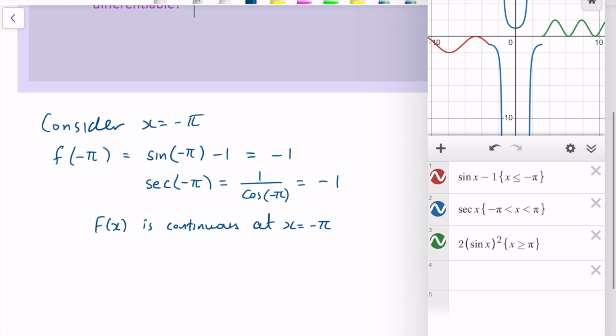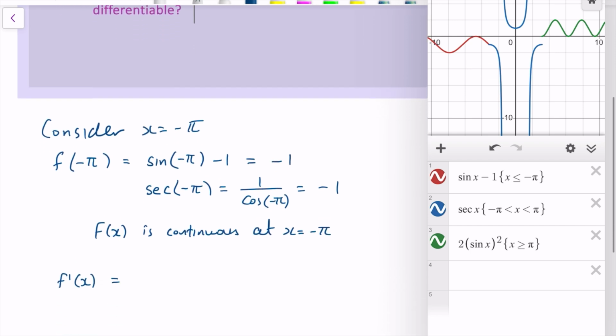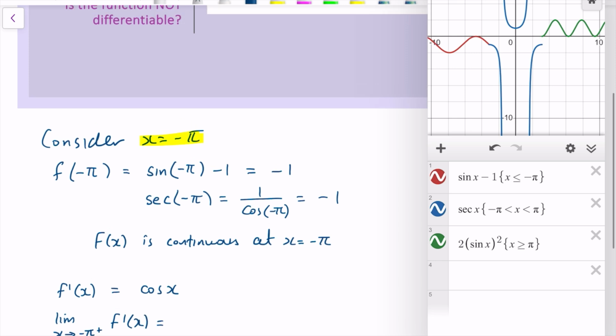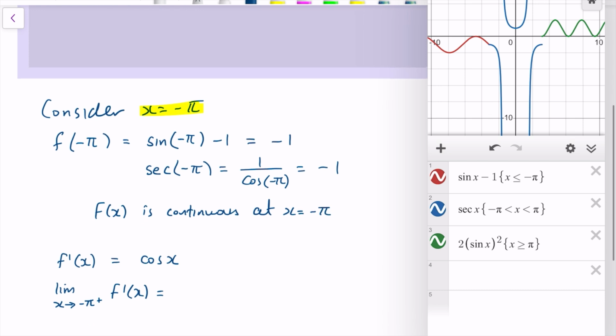However, when we differentiate these functions, f dash of x is equal to the derivative of sine x minus 1, so cosine x, when x is to the left of minus pi. Then the limit as x approaches minus pi from the positive side of f dash of x will be the derivative of sec x, which is sec x tan x, evaluated at x equals minus pi.